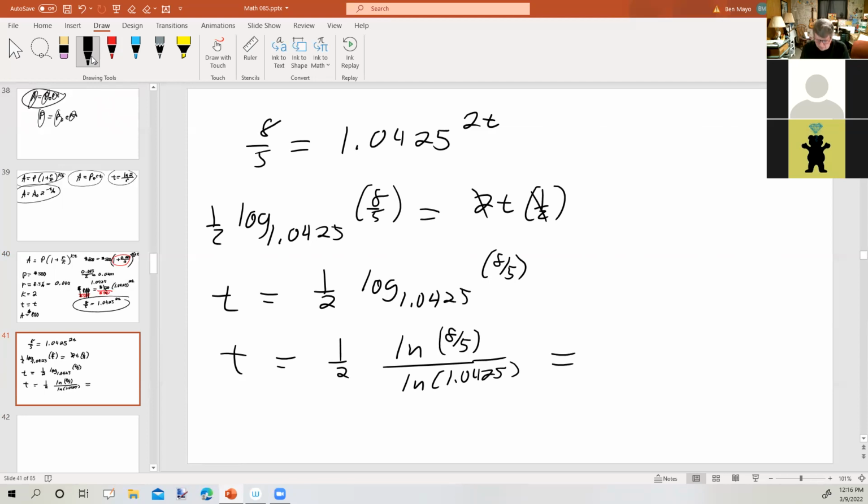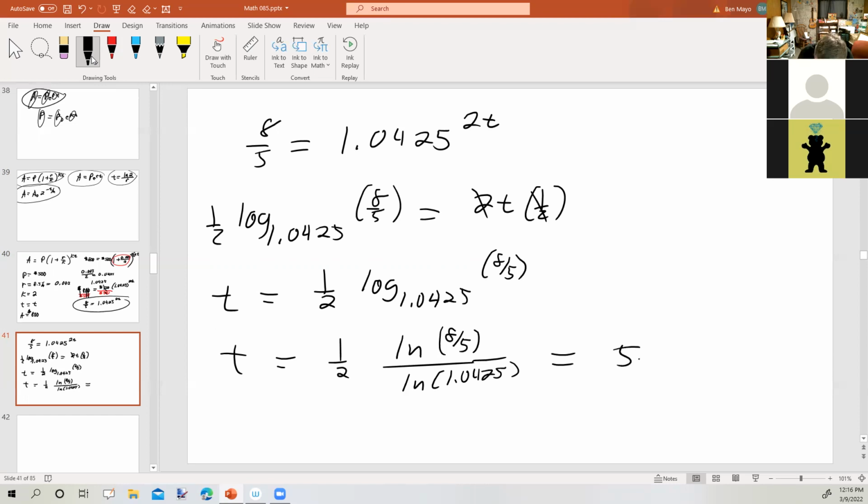And now go to the calculator. 1/2 times the natural log of 8/5, close it up, divided by the natural log of 1.0425, close it up.